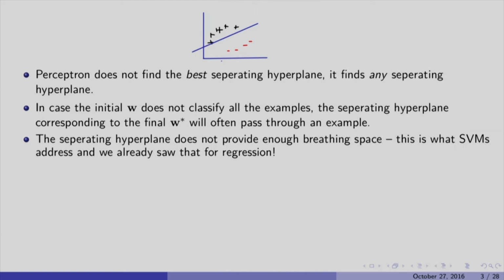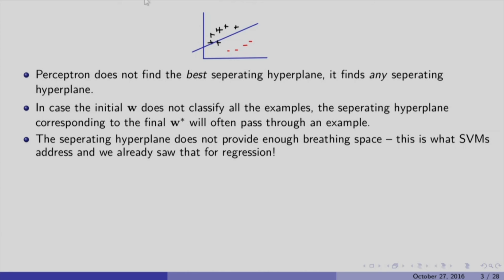Now this bare separation of the positive and negative points isn't very useful for generalization. What if you get a positive point which lies here? Well, it will be classified as negative.